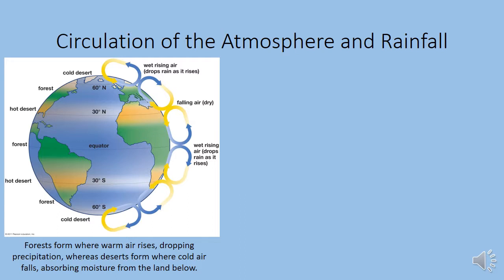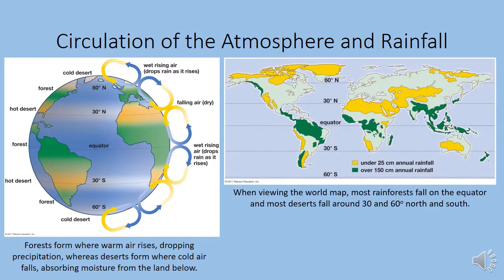This holds true. We can have small areas that experience different climates due to topography, like mountains and stuff, but for the most part, this pattern holds true, right? So if we look at the world map where rainforests fall, they're on the equator. Most of the world's rainforests are on the equator.